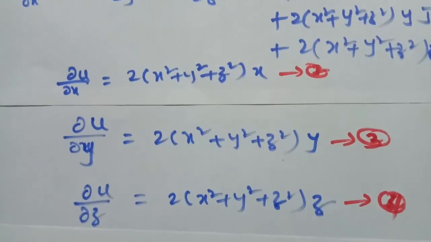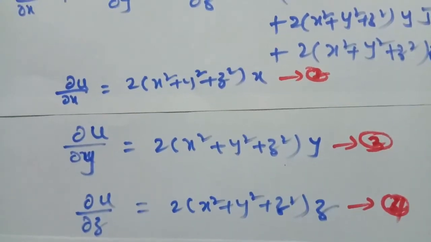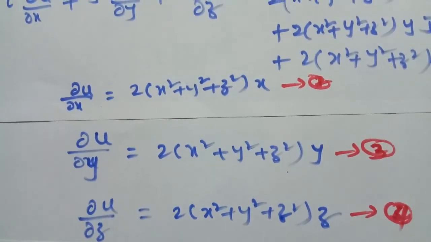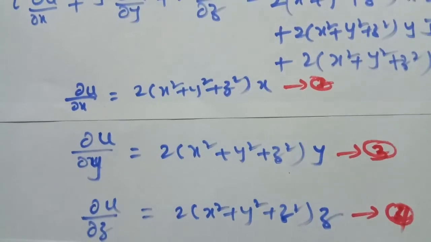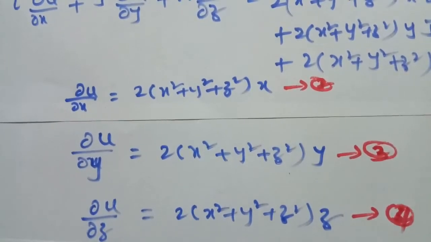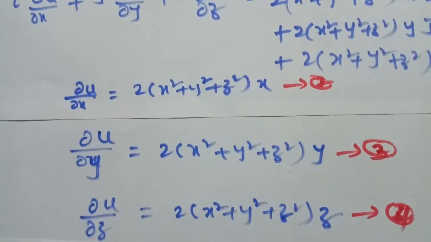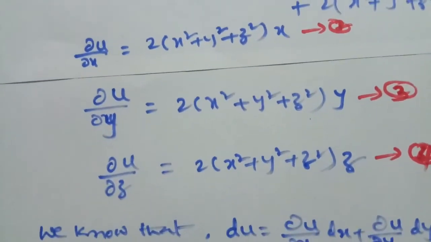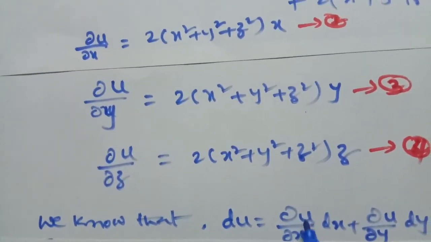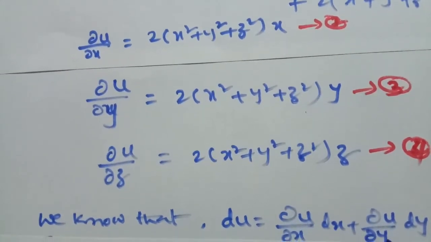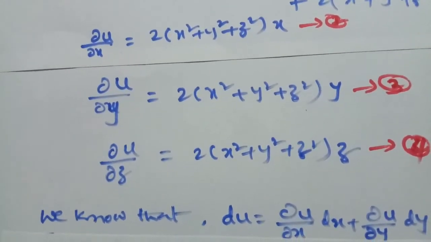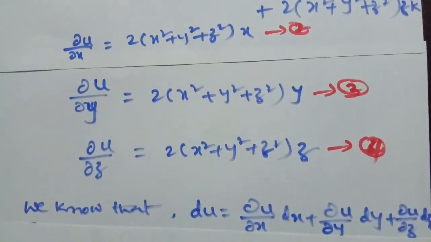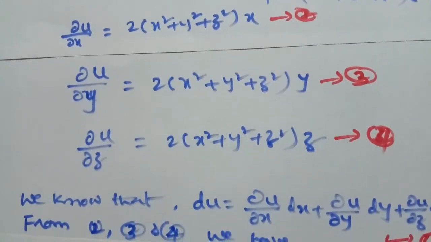Now by the definition of total derivative, we know that du is equal to dou by dou x of u into dx plus dou by dou y of u into dy plus dou by dou z of u into dz. Now from equations 2, 3, 4 we substitute in equation number 5. Say this is equation number 5.